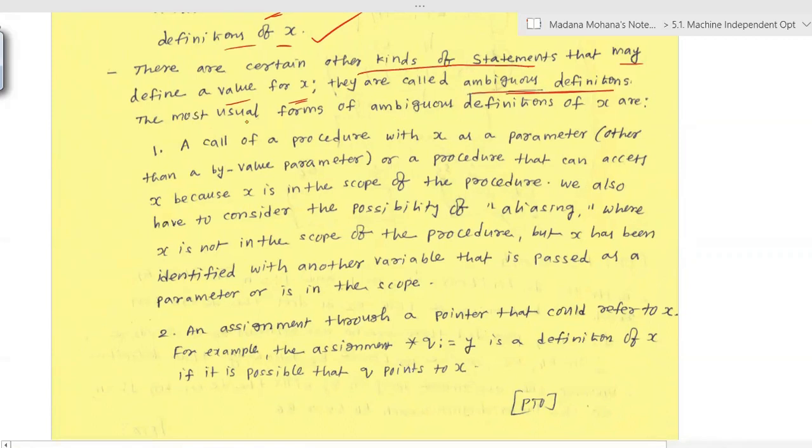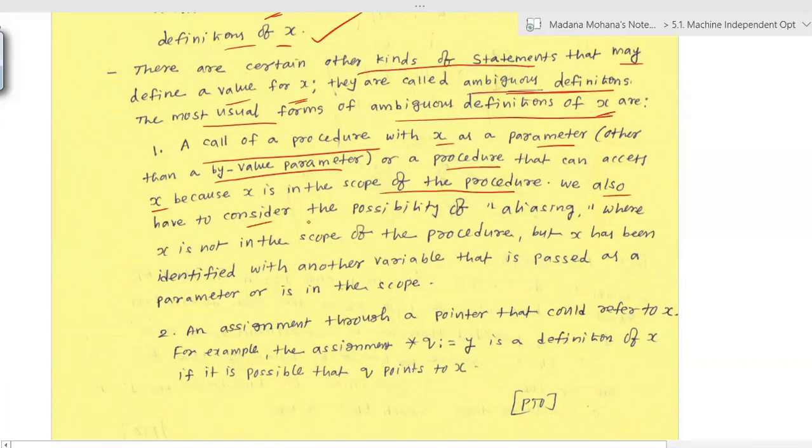In the case of ambiguous, there are various forms. The most useful forms of ambiguous definitions of the variable X are, first, a call of a procedure with X as a parameter other than a by-value parameter, or a procedure that can access X because X is in the scope of the procedure.